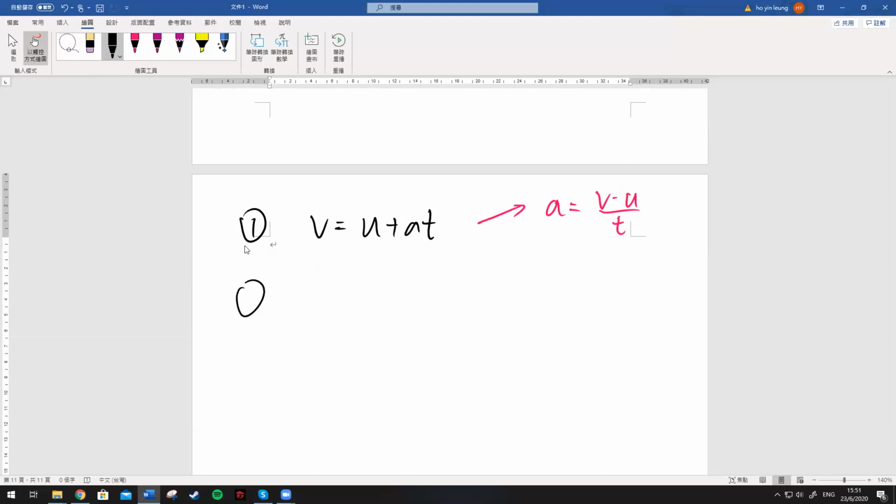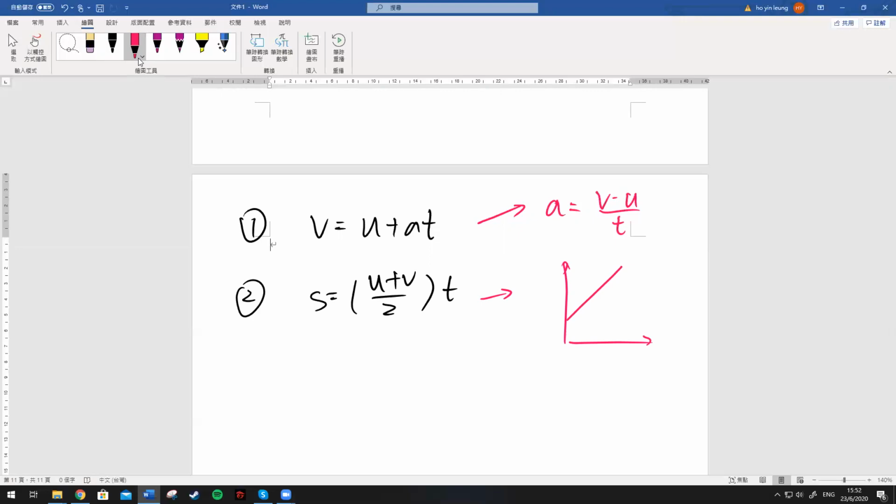Another equation is S equals (U plus V) over 2 times T. So how can we get this? As I mentioned, we have constant acceleration, meaning that our velocity-time graph would look like a straight line like this.